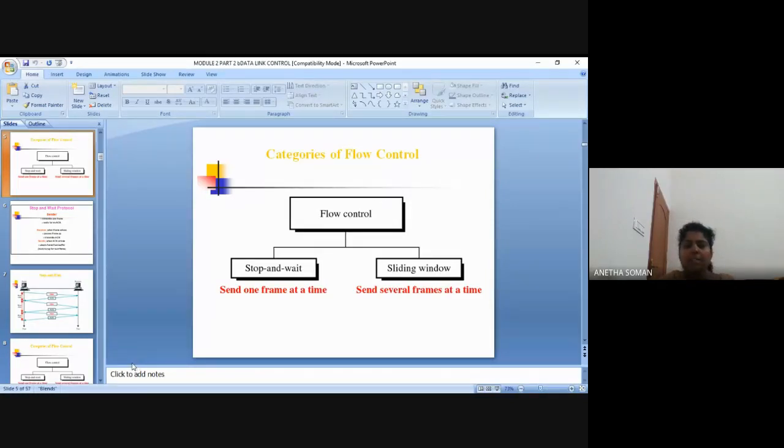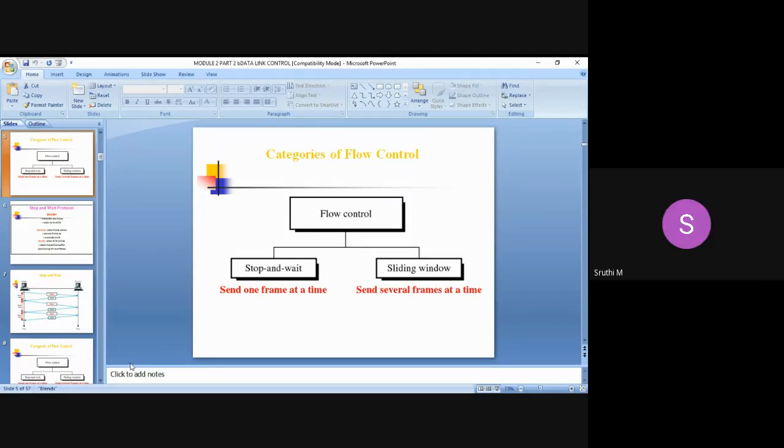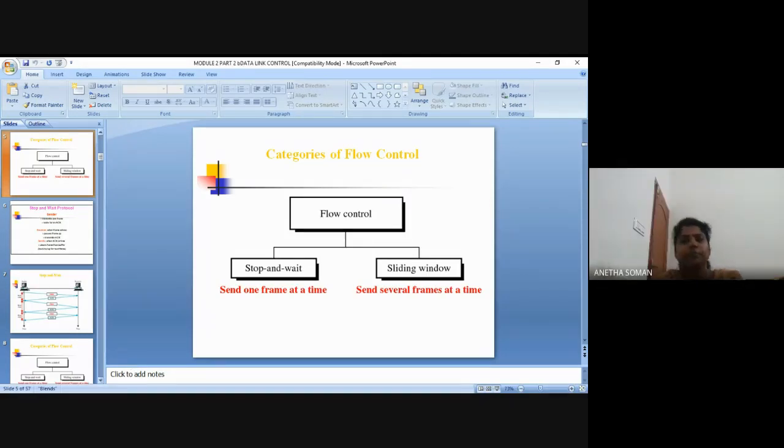Okay, in the morning class, we were discussing the categories of flow control mechanism.